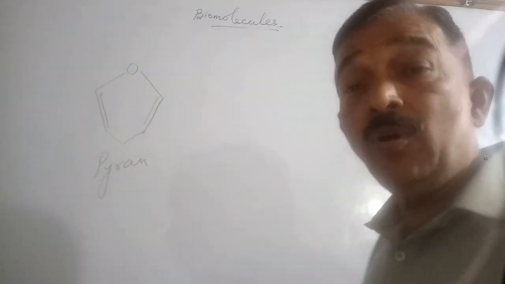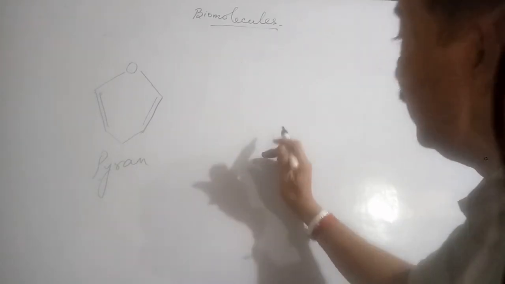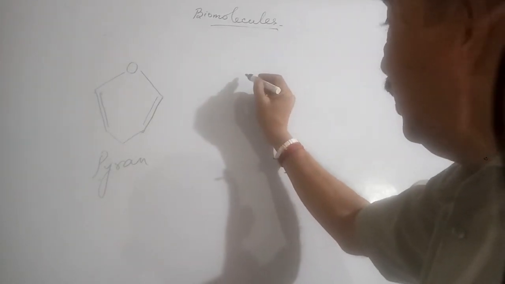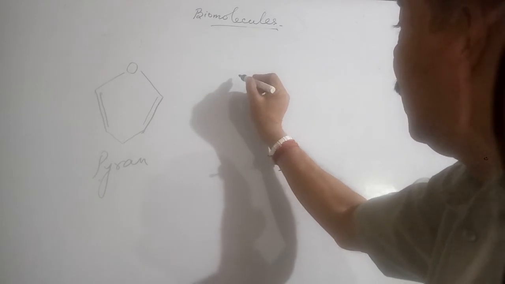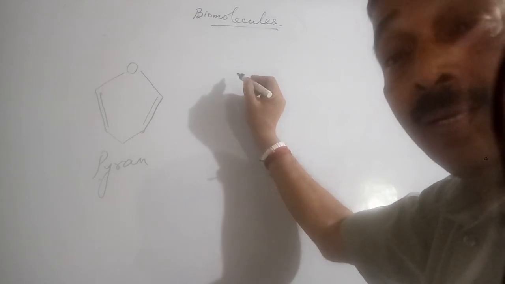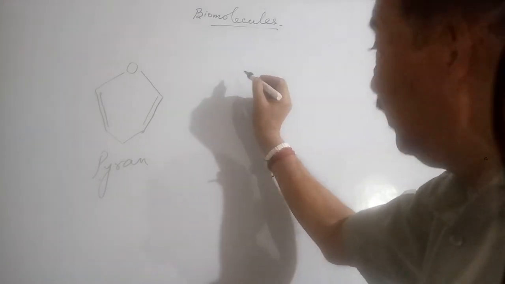The alpha and beta form cyclic structures, we can go in this way. Simultaneously we will go so that you can easily differentiate them.